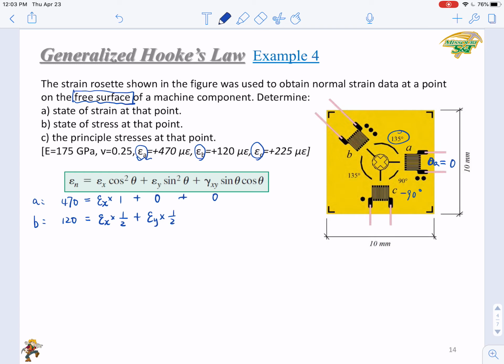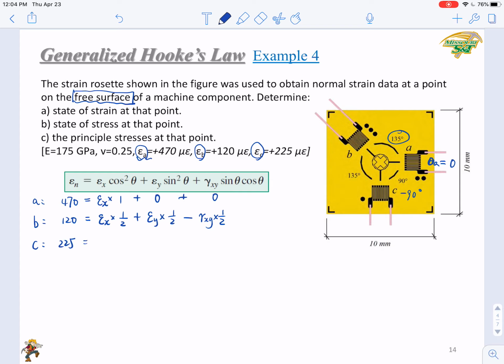Then gamma xy times sine theta times cosine theta will be negative 0.5, right? So here we will change the plus to minus 1/2. Then at point C, the reading is 225.